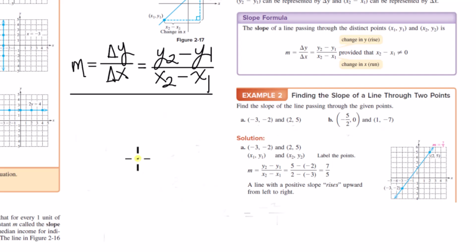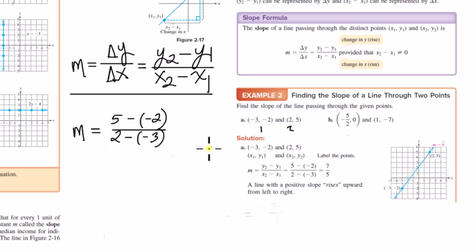So we can calculate the slope of this line that goes through these 2 points. And we do that with the slope formula. We pick one of these points to be point 1, the other to be point 2. It doesn't matter which is which. Okay, so y2, 5, minus y1, which is minus 2, over x2 minus x1, which is minus 3.